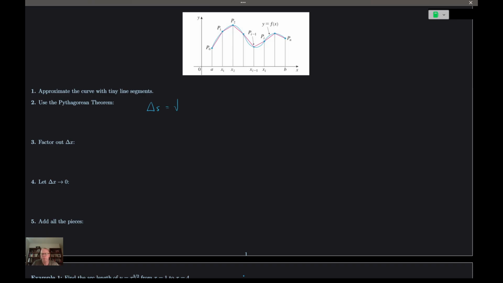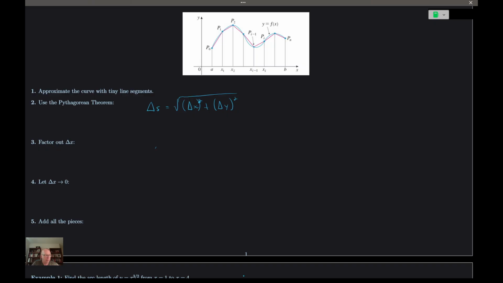With the Pythagorean theorem, we have the change in x squared, plus the change in y squared, and all that is under the square root. We will factor out a delta x from under the square root and pull it out. So essentially we're dividing both of these terms by delta x squared, and then we'll pull it out and we'll have a delta x out here.